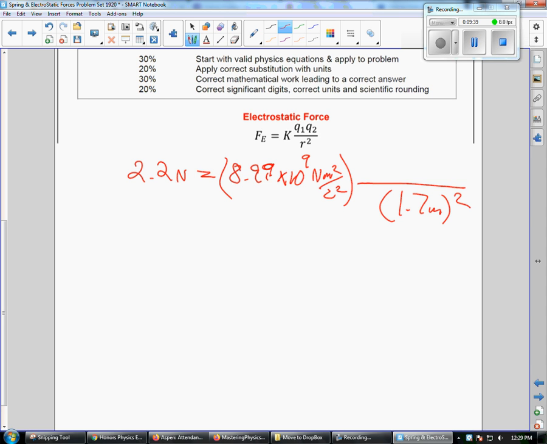Up top, Q times Q, which is Q squared. Solve for Q.